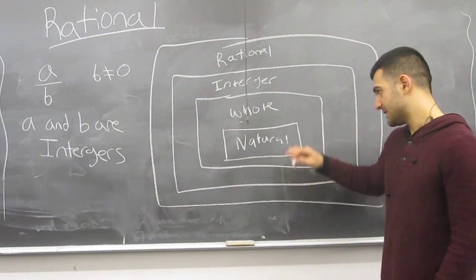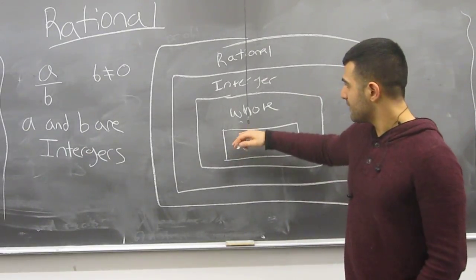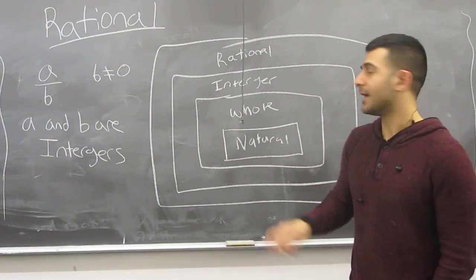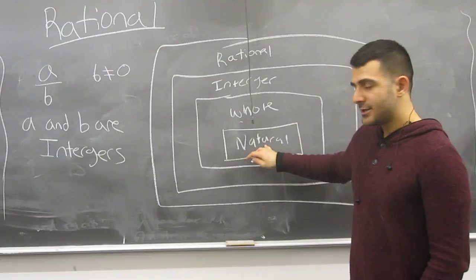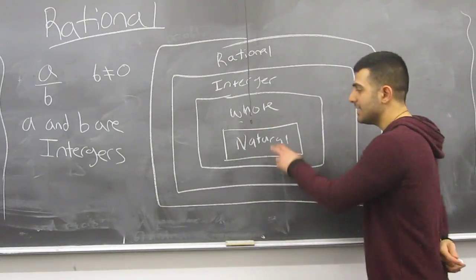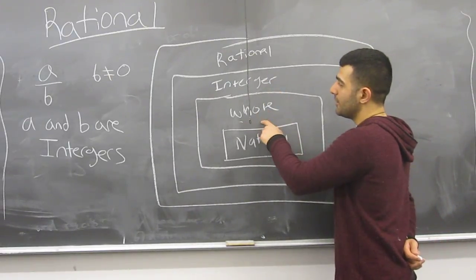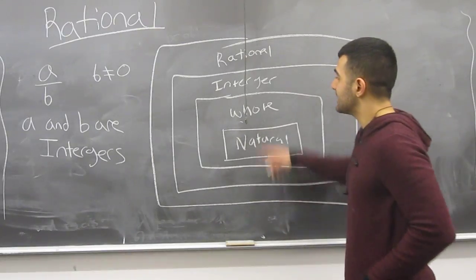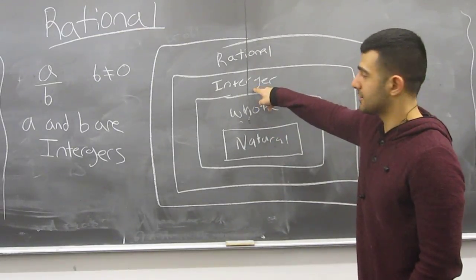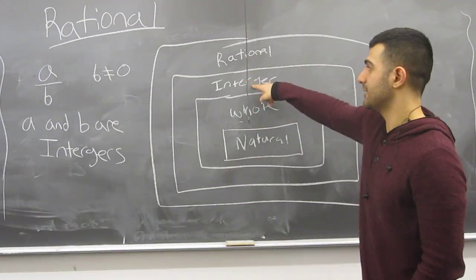Let's say we have successively bigger boxes. Now, this is another way of saying exactly what I was just talking about. If you have a natural number, it's contained in this box of whole numbers. So any natural number is also a whole number. Any whole number is also an integer. It's contained inside of the integers.